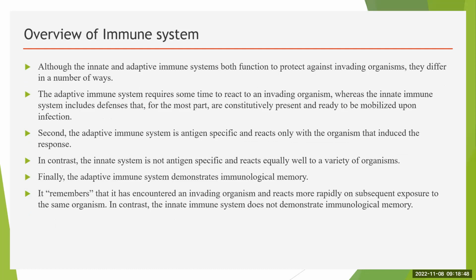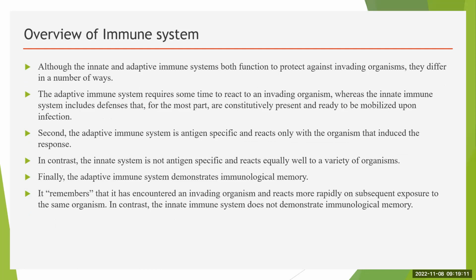So as we go on with the overview, although the innate and adaptive immune system both function to perform a specific task, which is the protection against invading pathogens and prevention of primary infection, they actually differ in a number of ways.